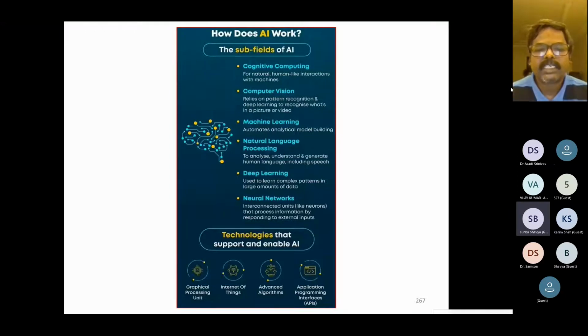Neural networks are interconnected units like neurons that process information by responding to external inputs. Technologies that support and enable AI: graphical processing unit, GPU, Internet of Things, advanced algorithms, application programming interfaces, that is called APIs. This is the way AI works based on the subfields of artificial intelligence.